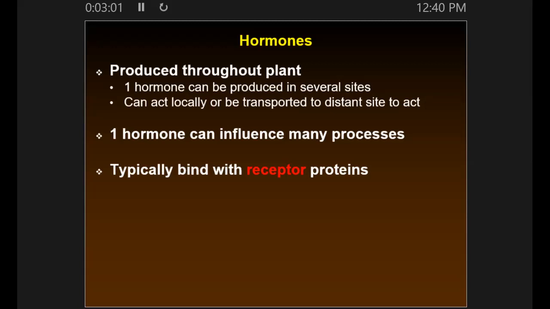That tends to be the routine. They often refer to this interaction as a lock and key. It's about a locked door. The key is the hormone, and the lock is the receptor protein.